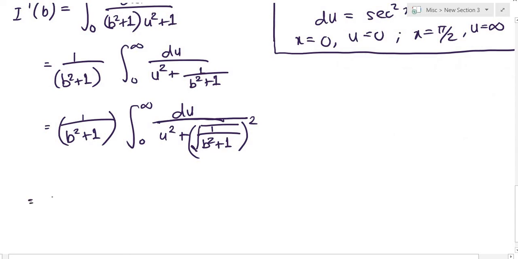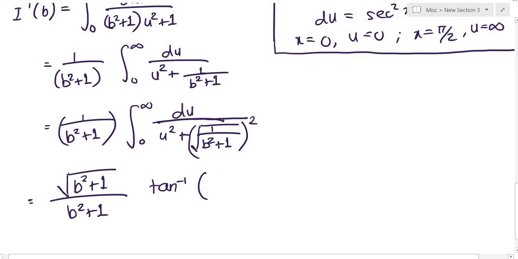So now I'm applying the formula that I stated before. So 1 over the square root of 1 over b squared plus 1 is basically multiplying by the square root of b squared plus 1 in the numerator, and we always have this b squared plus 1 factor outside, times the inverse tangent of, well, this is anyway going to be 1 over the square root of 1 over b squared plus 1.